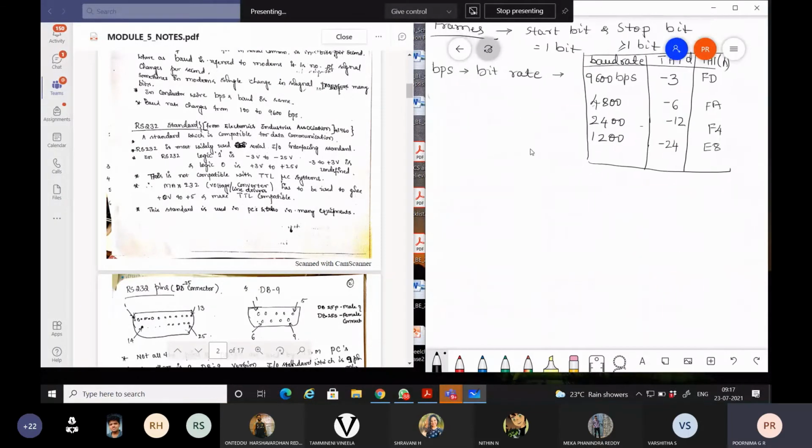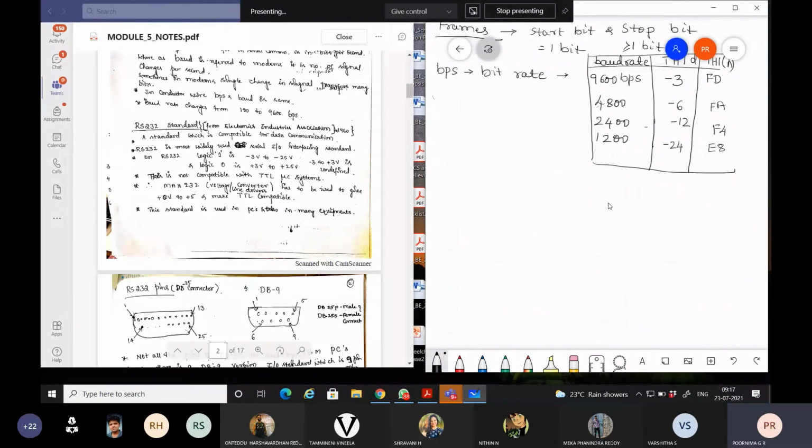Before I go for the standards which are available, let me discuss the various important factors related to serial communication. The question arises, how do we set 9600 or 4800 or 2400 or 1200 bits per second? For that, let us take one simple example.